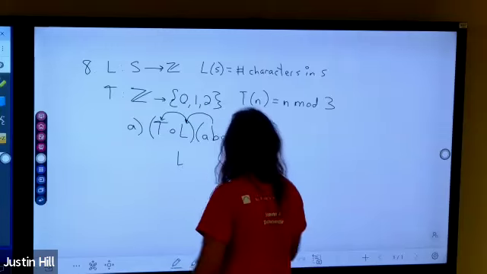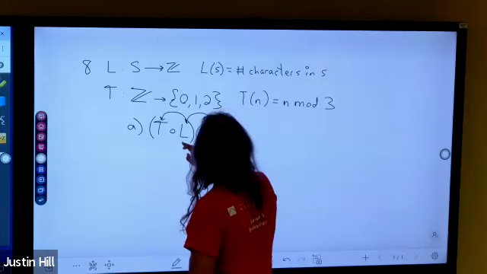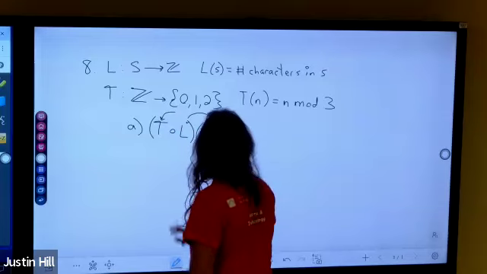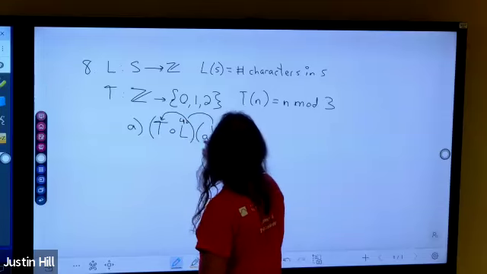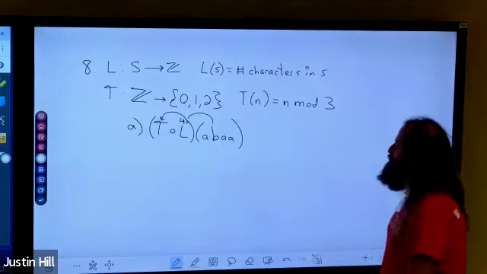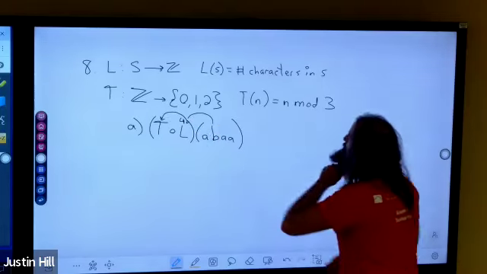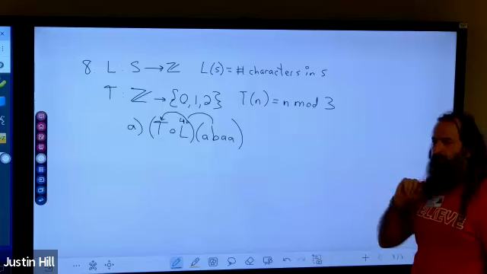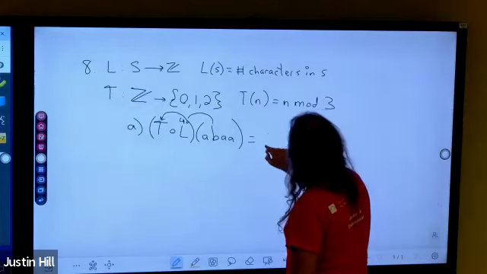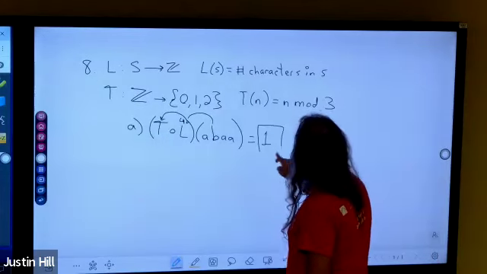L of ABAA then is 4. So you get a 4 out of that. It is 4 long. And then we're going to plug 4 into T as a mod 3 function. So what is 4 mod 3? Good, that gives you 1. And you got it.